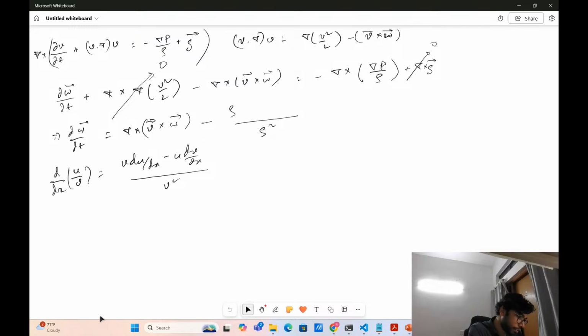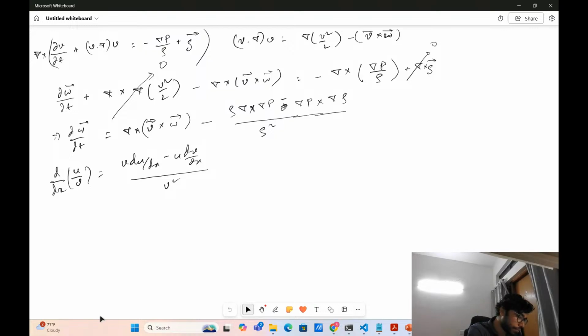So v du/dx. So instead of d, we'll have del cross because we are applying curl. So del cross del p minus del p cross del rho. Right? So as I said, curl of gradient is 0.